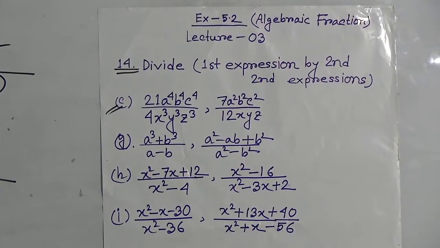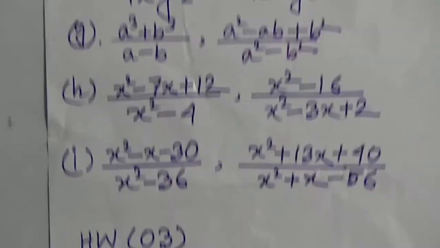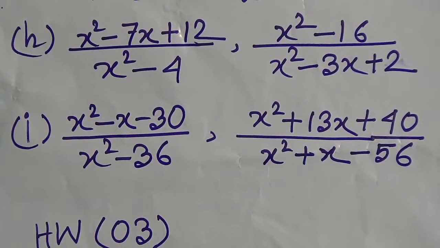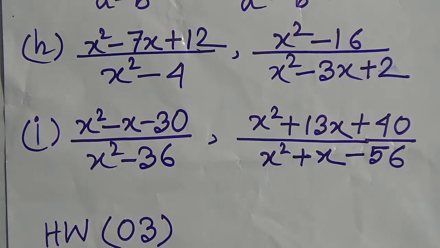Next we shall solve question number H. Now I erase question number G. Question number H: the first fraction is x square minus 7x plus 12 divided by x square minus 4. Division sign, then x square minus 16 and x square minus 3x plus 2.